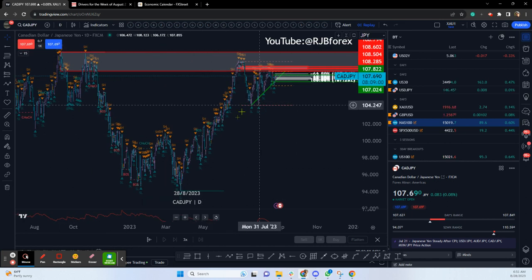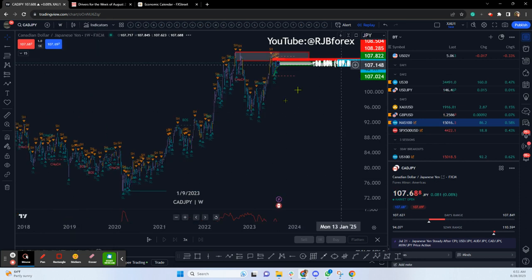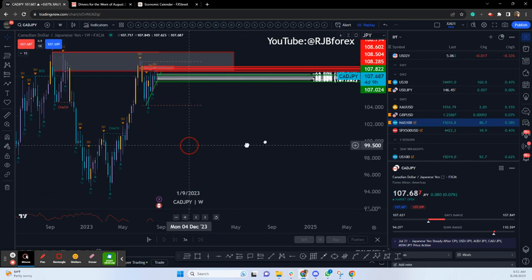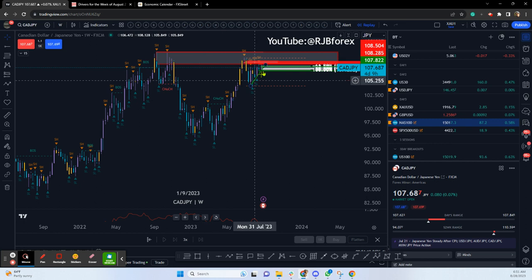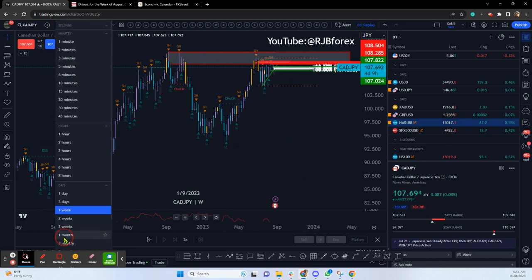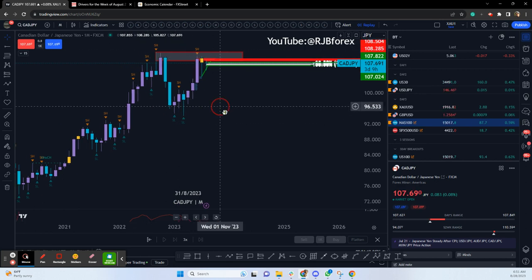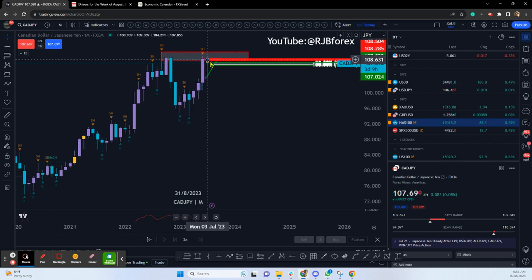W formation on the, what's that, the monthly chart, perhaps. That's the weekly. Got that W formation to the downside. Prospects of a move into the neckline.